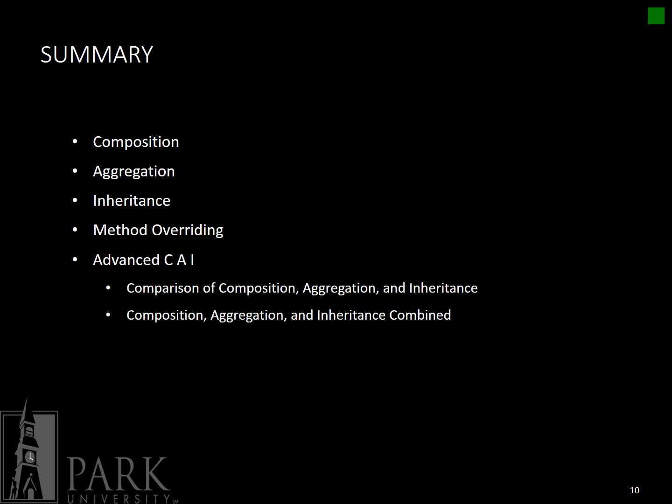And then finally we looked at comparing these 3 things, kind of like we just did. And we looked at how we could use all of them together, like in the card game, right? Where we had different forms of inheritance, we had inheritance and we had composition. So that's the chapter.